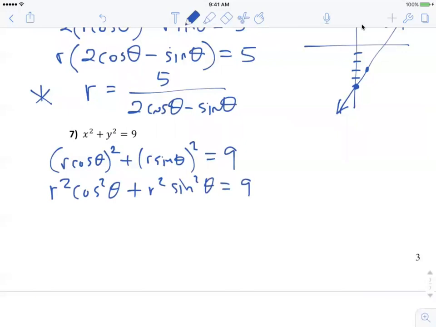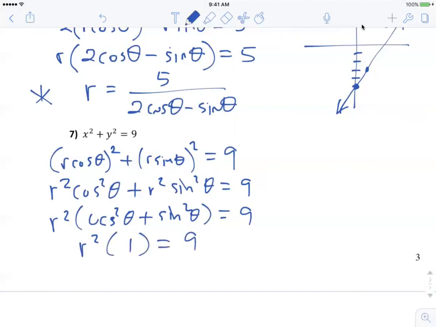Now factor out the r squared. And notice what you get. You get cosine squared plus sine squared is 1. Replace that with 1. So this is r squared equals 9, which actually gives you 2 possible.